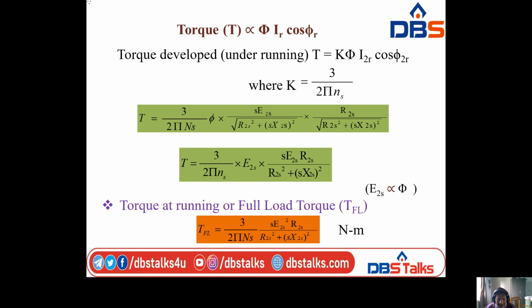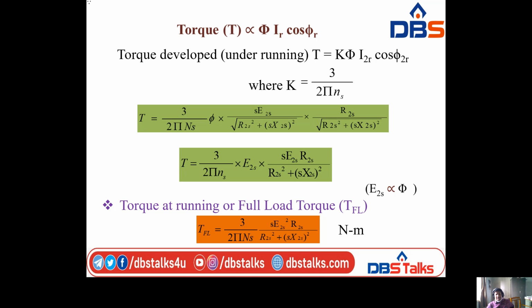Therefore torque is equal to 3 by 2 pi ns into phi into S E2 by the square root of R2 square plus (S X2) square, into R2S by the square root of R2 square plus (S X2S) square. That means T is equal to 3 by 2 pi ns into S E2S square R2S by (R2S square plus S X2 square). So this is the torque equation.